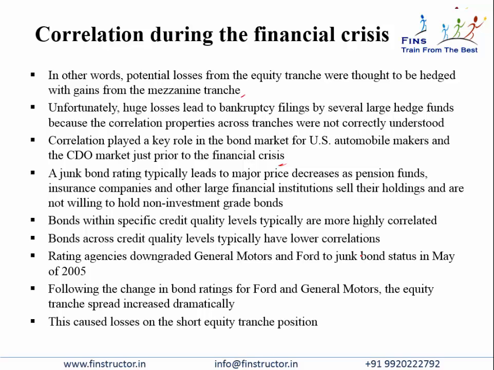So bonds within a specific credit quality level typically tend to be very highly correlated. Bonds across credit quality levels typically have lower correlations. So when rating agencies downgraded General Motors and Ford to junk status, the equity tranche spread increased dramatically.